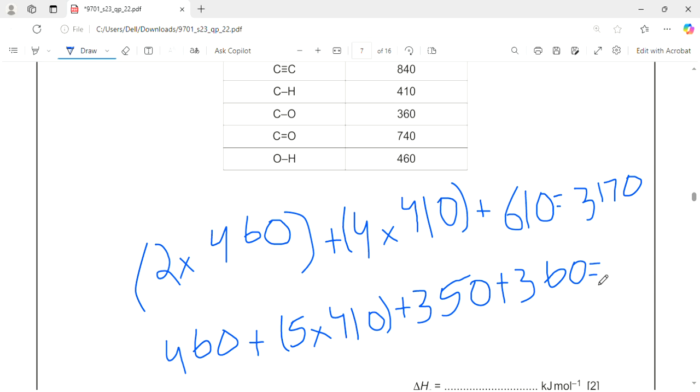Now just calculate it: 460 plus 5 into 410 plus 350 plus 360. Here we have 3220.